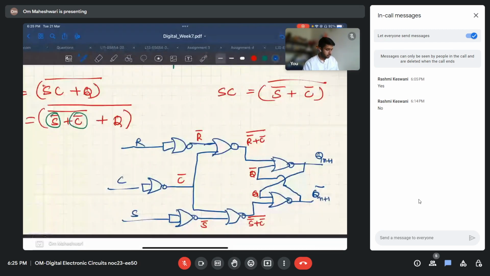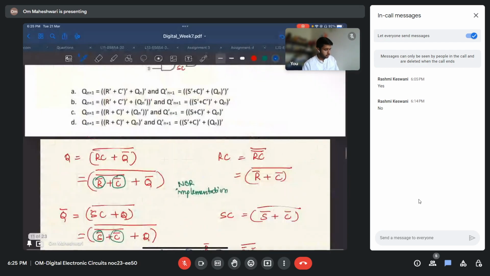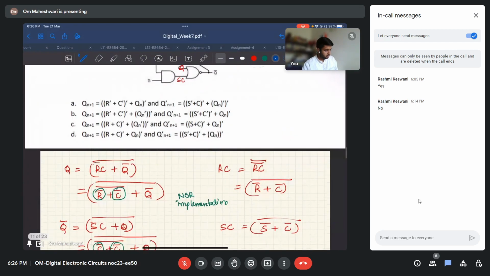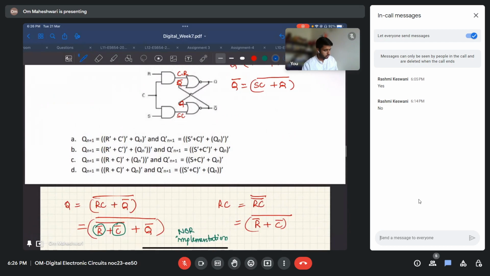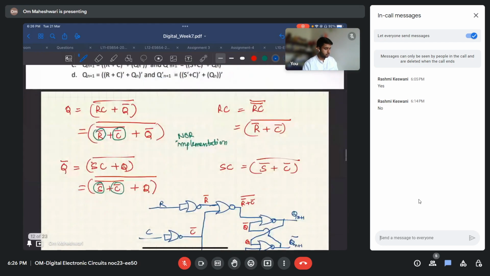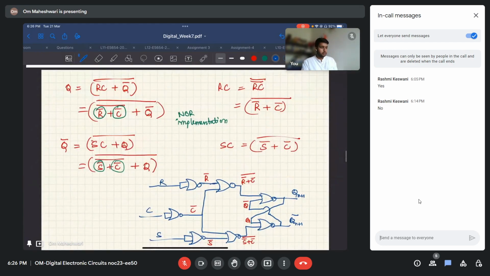So the answer to this is Qn plus 1 is R bar plus C bar whole bar plus Qn. And this one, I think, B is correct. Is this clear?